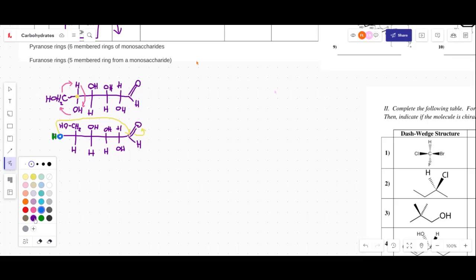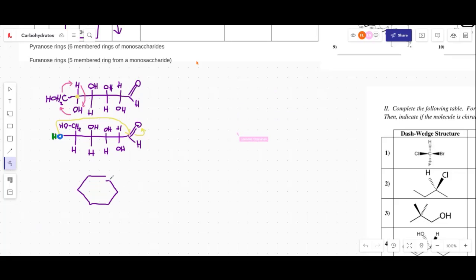So now I'm going to draw my ring structure. It's going to look like this. So this is my Haworth projection. And here's my oxygen in the middle of the ring.